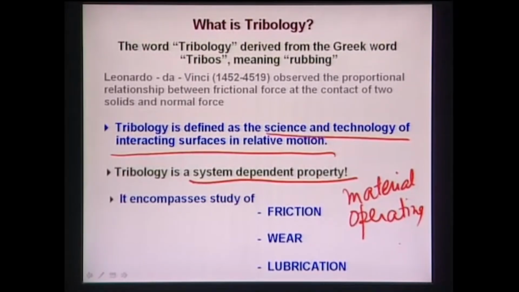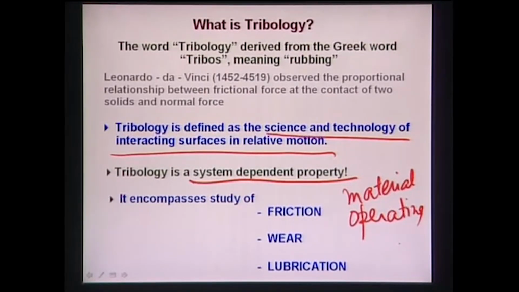So if the other body, the mating body or the counter body, is different, then the coefficient of friction will also change. So if you make any statement that the coefficient of friction of steel is 0.5, it is scientifically wrong, it is a meaningless statement.